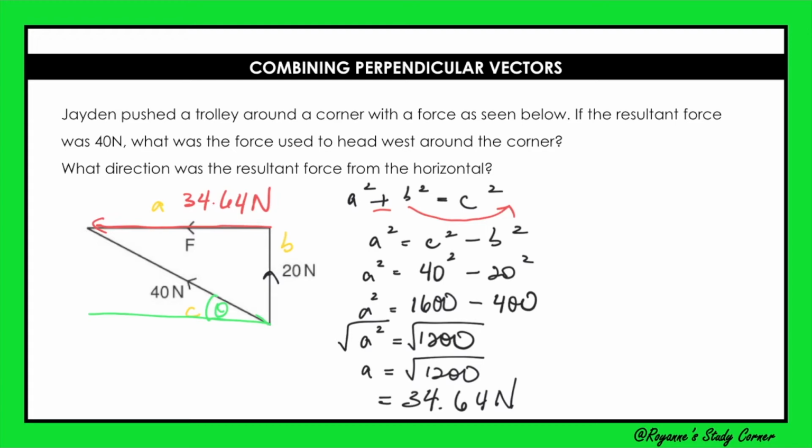So if we have this here, and we know that this side is 40 newtons, because it's literally going to be like the image of this, we could also say that this side here would be 20 newtons, and then the base here would be 34.64 newtons. So therefore we could use our tricks like usual and figure out what that angle is.